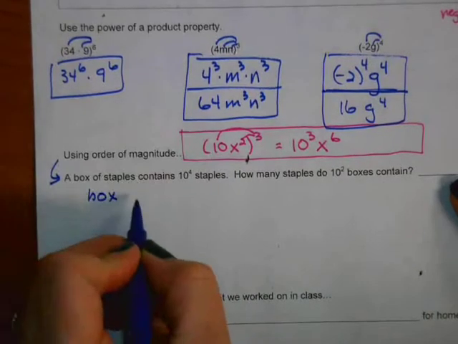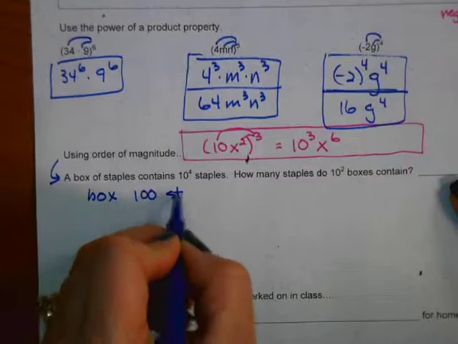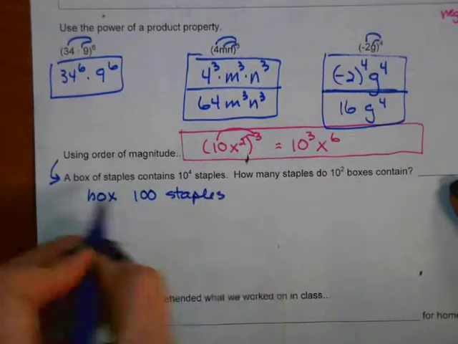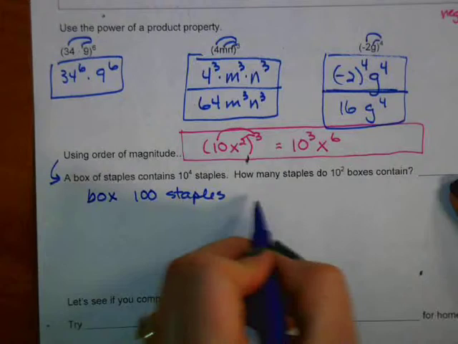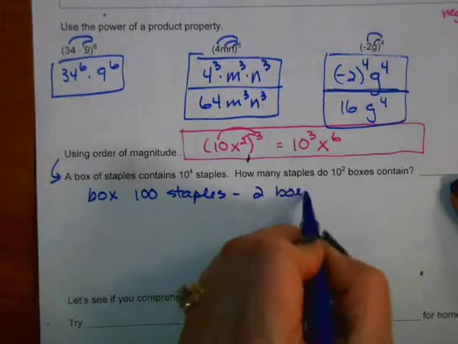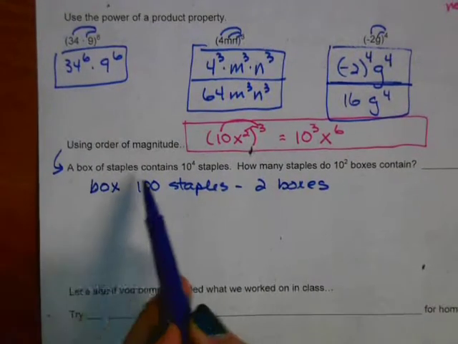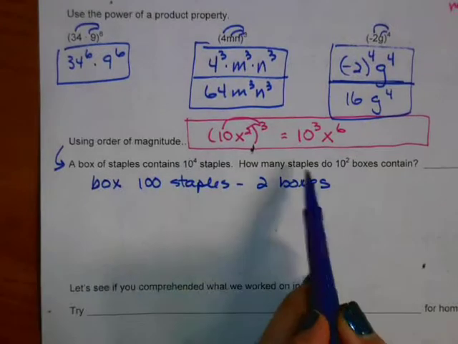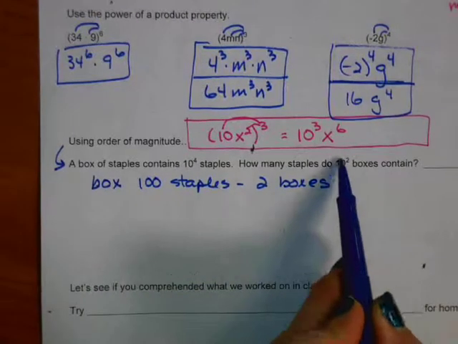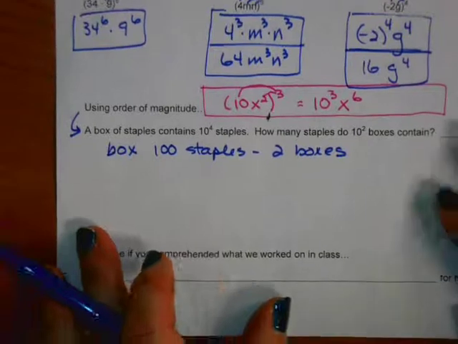If you have a box of, let's say, 100 staples. This is just a let's say. And you have 2 boxes. How do you find out how many total staples? 2 times 100, right? Well, this is asking you the same question. A box of staples has this many staples. How many staples do this many boxes contain?